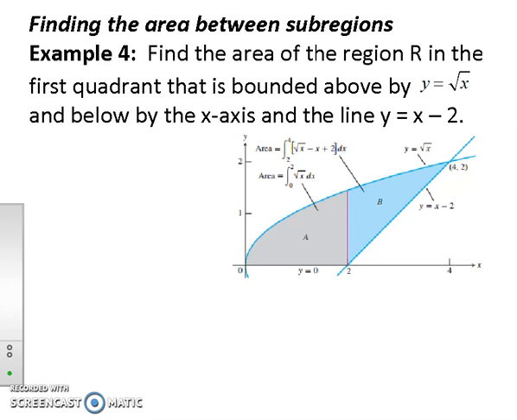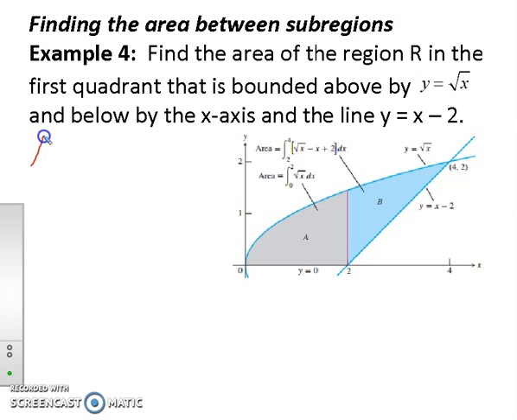But notice that in the picture, it has been divided up into this gray region A and the blue region B. The reason that has been done is because if you think about how we find area between curves, we do upper function minus lower function or outer function minus inner function. Well, for the gray portion, region A, the curve y equals square root of x is the outer function and the x-axis is the inner function.